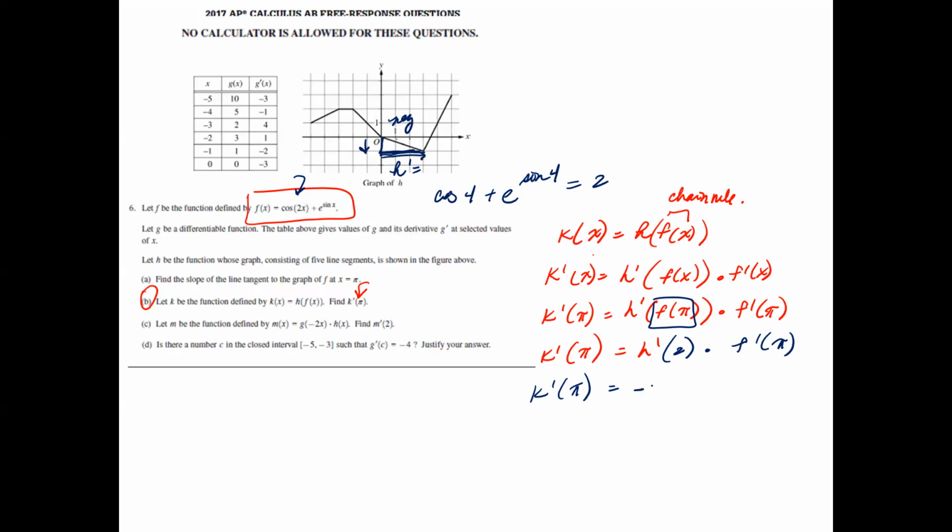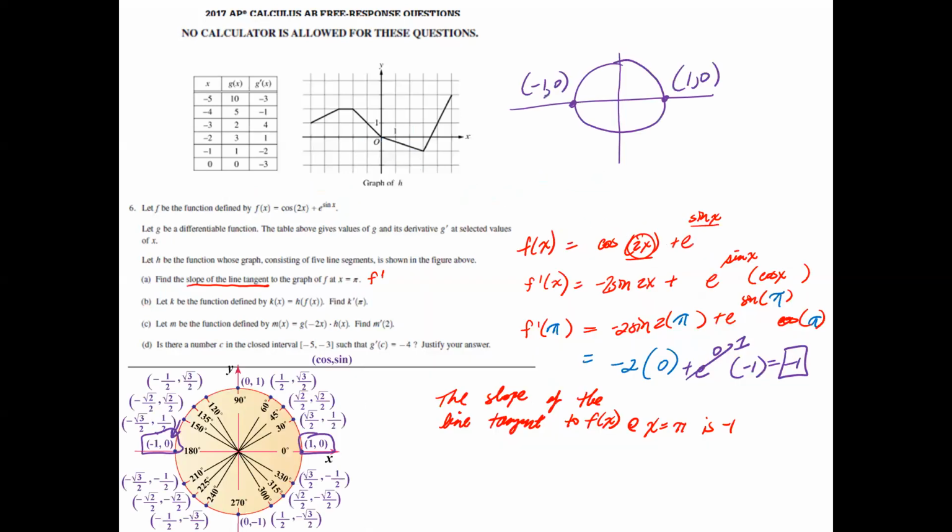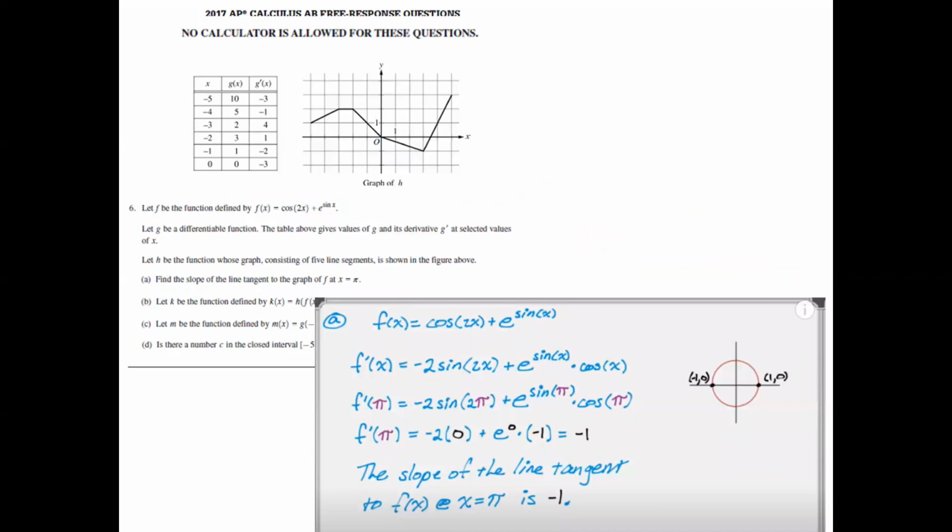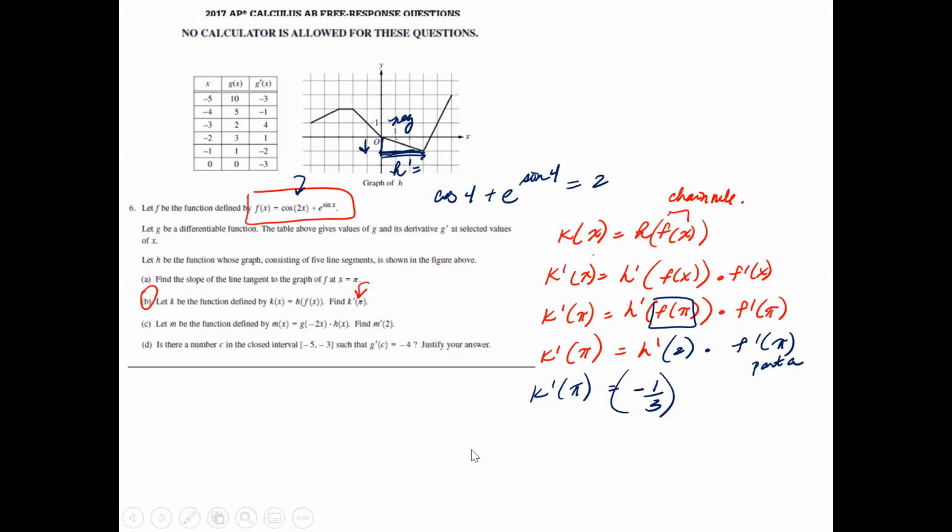So it's a -1/3. And then, of course, f prime of pi. This is, of course, from part A. F prime of pi, as we established, was -1. So I'm going to times this by -1. So k prime of pi is going to equal a positive 1/3.